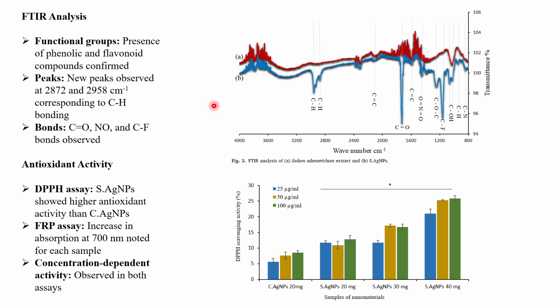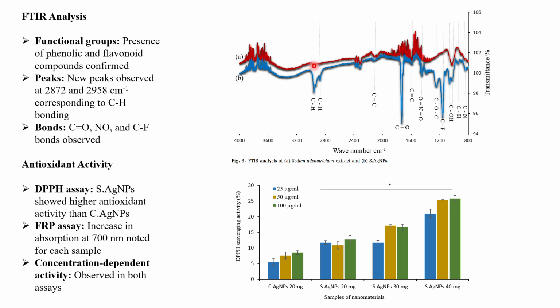It means if the synthesized nanoparticles have some effect on our extract, there will be some stretching, bending, as well as diminishing of the bonds. So it is true for the determination that our nanoparticles have been successfully synthesized. Let's see that A is the FTIR analysis of the Sedum adenotrichum extract and B is for the nanoparticles. Let's suppose we synthesized our nanoparticles successfully.